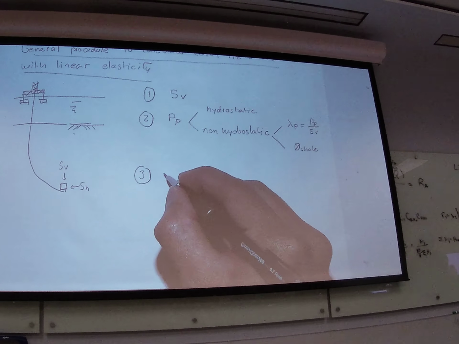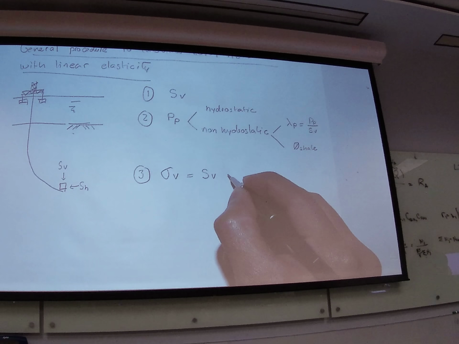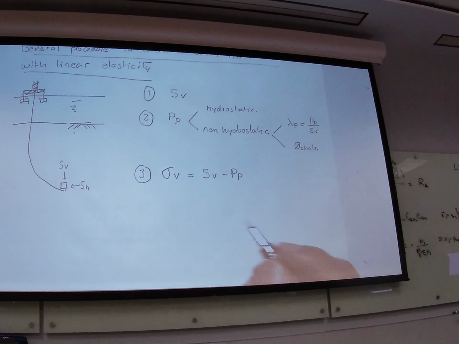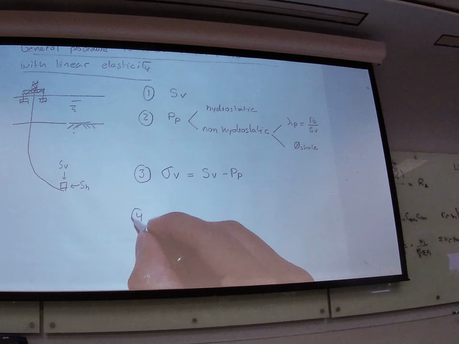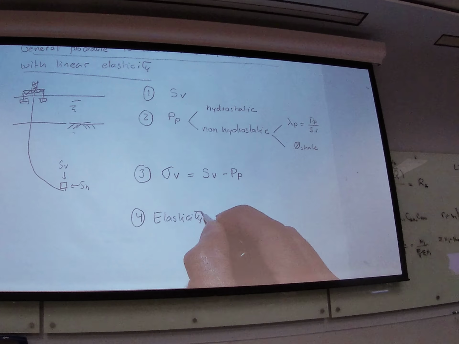So now you have SV, you have PP. Third step, you compute effective vertical stress, which is just the difference between SV and PP. And once you have that, and only after you have that, you can apply the equations of elasticity.